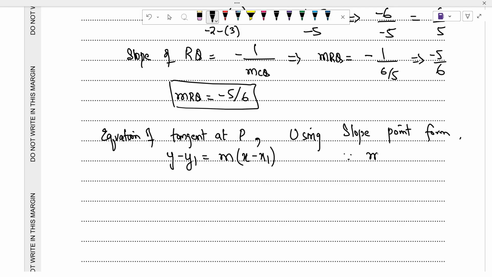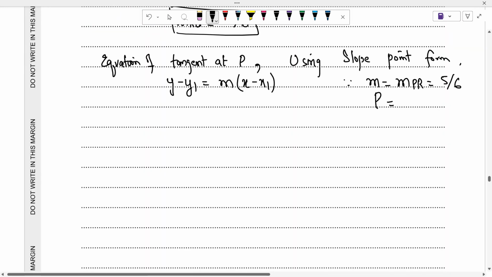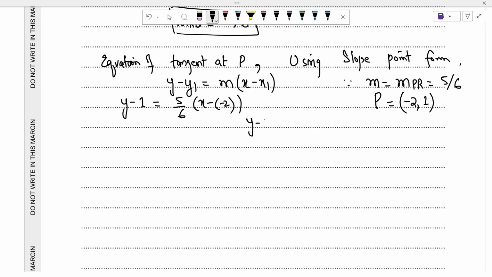In this case, the slope is the slope of PR, which is 5 over 6, and point P is (negative 2, 1). So y minus y1, which is 1, equals m, which is 5 over 6, times (x minus x1, which is negative 2). So we have the equation y minus 1 equals 5 over 6 times (x plus 2). So this is the equation of the tangent at P.